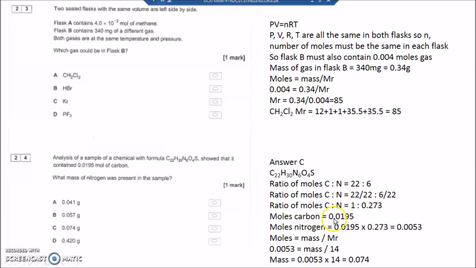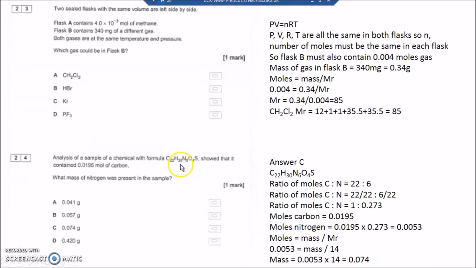So my moles of carbon, 0.195, multiplied by 0.273, gives 0.0053 moles of nitrogen. If your maths is good, the quicker way would have been to say 22 carbon for every 6 moles of nitrogen, a lot less nitrogen than carbon. What's the fraction of nitrogen compared to carbon? 6 divided by 22 multiplied by 0.195 gives you 0.0053. Any way that you can work that out.